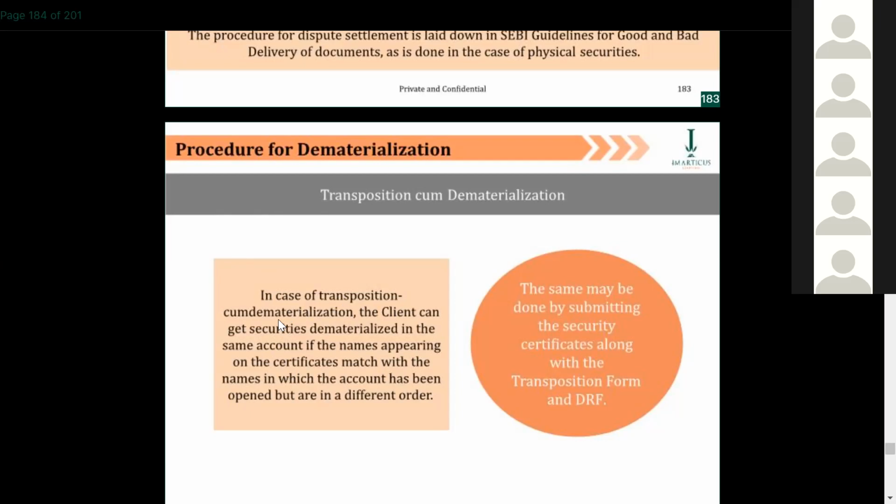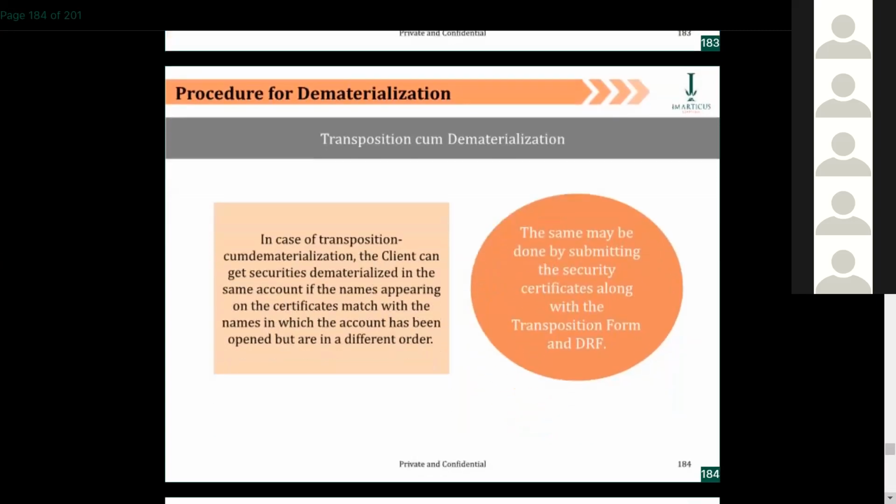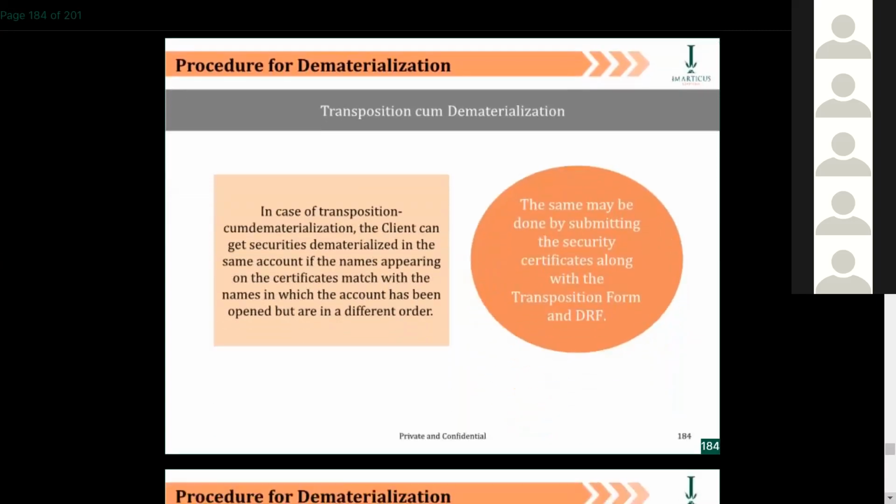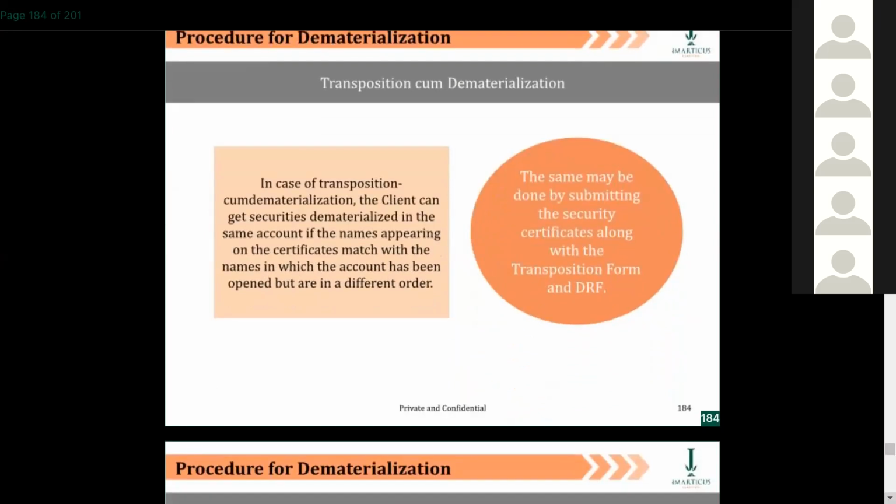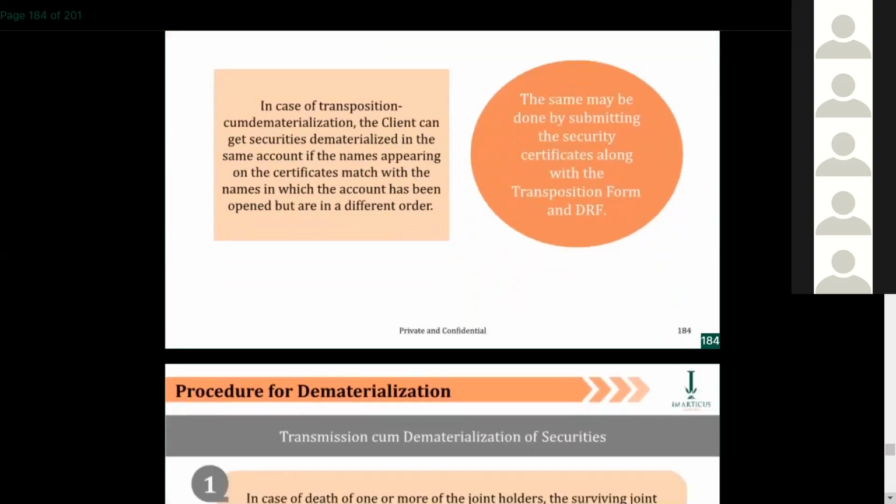So in case of transposition cum dematerialization, the client can get securities dematerialized in the same account if the names appearing on the certificate match the names in which the account has been opened but in a different order. The same may be done by submitting the security certificate along with a transposition form and DRF. So transposition is the process of changing the sequence of names in the share certificate or securities.